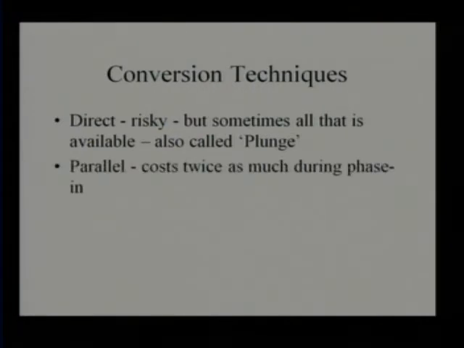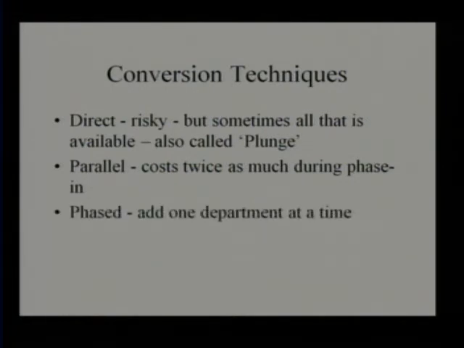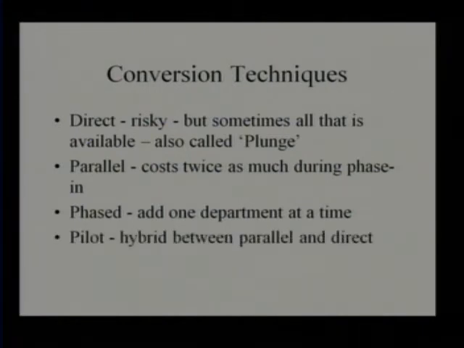But there are other processes. There is the parallel, which costs about twice as much because you run 2 systems in parallel. The old system is running, the new system is running, and you run them at the same time as you convert over from one program to the other. And the phased, if it's a large department, you can go from one department to another department.